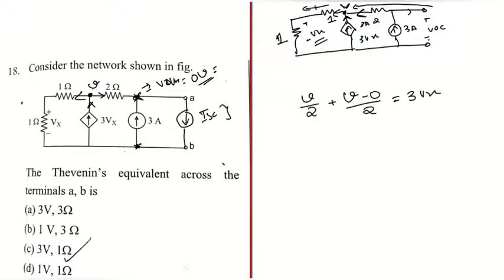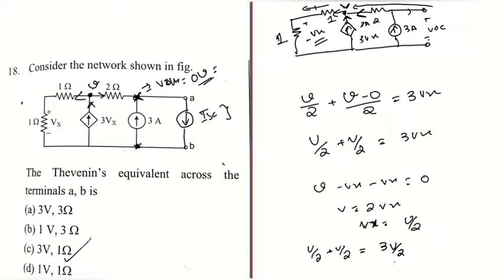Because this particular point is short circuited, and since it is short circuited, the voltage over here will be 0 volt only. Okay. So it will be V equal to 3 Vx. Okay. By 2. From here, V minus 3V divided by 2 is equal to 0.